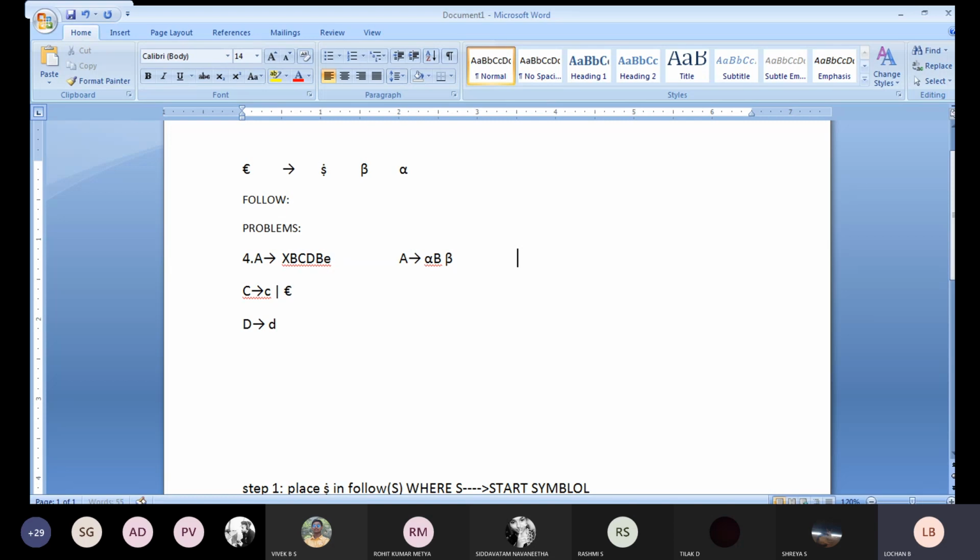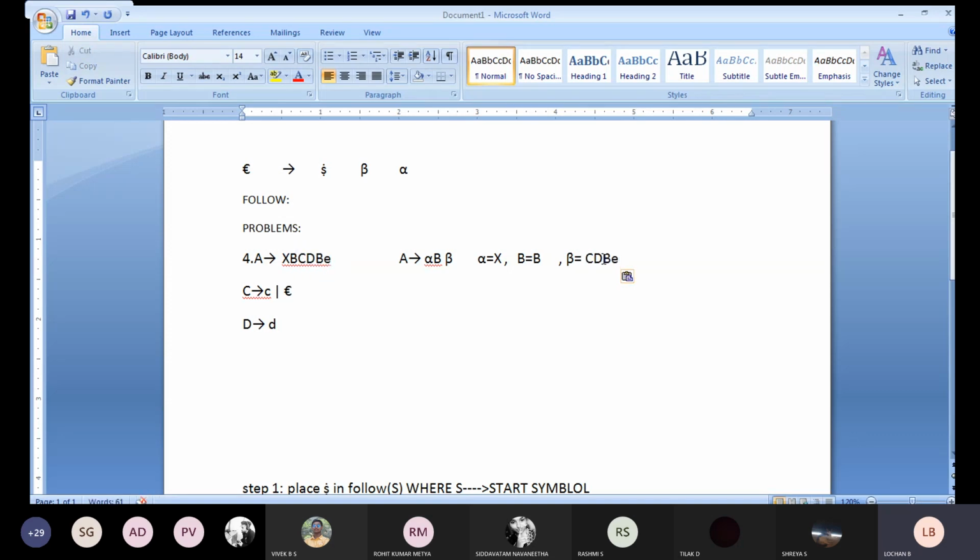In this particular case, first I am going to take alpha as X, and I am going to take B as B itself. Remaining you need to get the beta value. So beta value I'm going to take as the complete thing, BCDE.